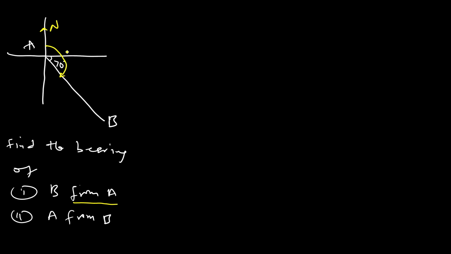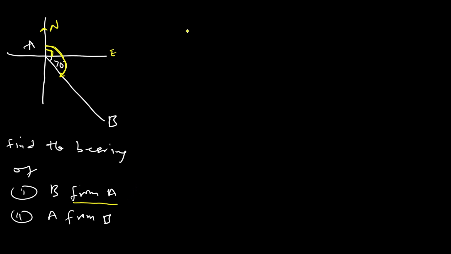As simple as that. And how do we calculate this angle? From this side to this side, we have 90 here. North to east is 90 degrees, so plus 70 gives us the answer.